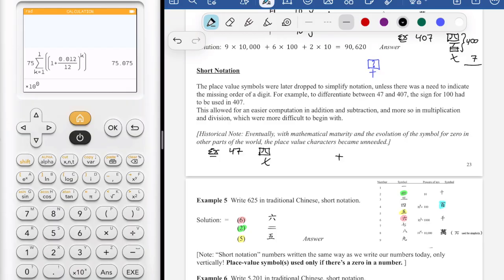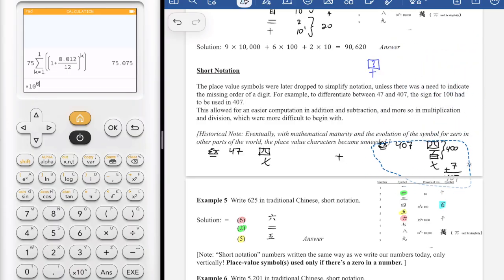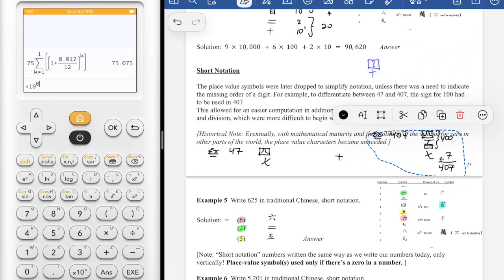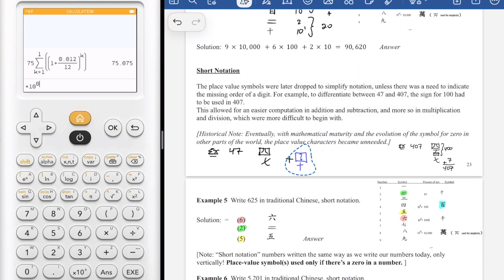Put it together, and you get 407. So slight difference in terms of how it's handled, but it gets the job done, and it gets it done without having to incorporate a 0 into the conversation. All right, so I'm just going to throw that down here, and I'll group all this stuff together and toss it.